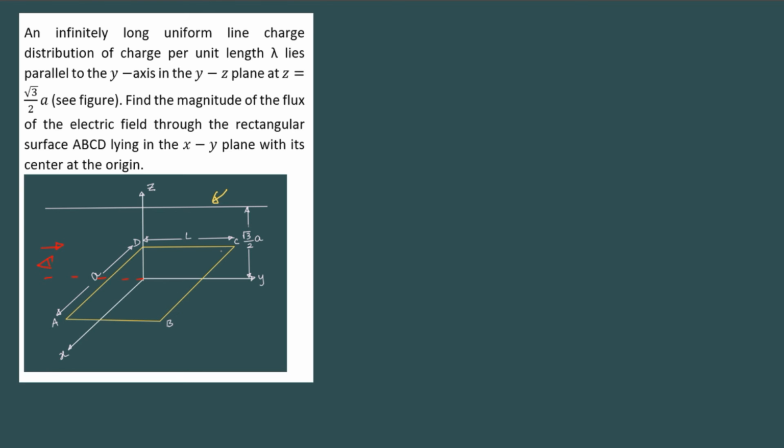If I show that line charge with a point here, that is the line charge going into the board. So here the positive y-axis is into the board. Now we know the electric field because of the line charge is radially outwards in all directions.